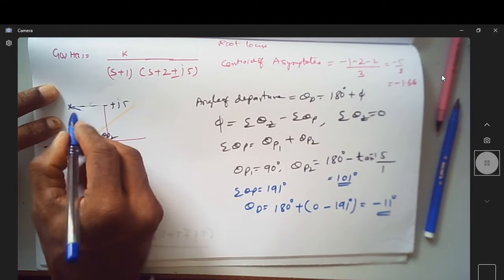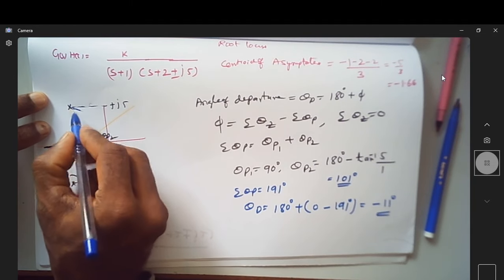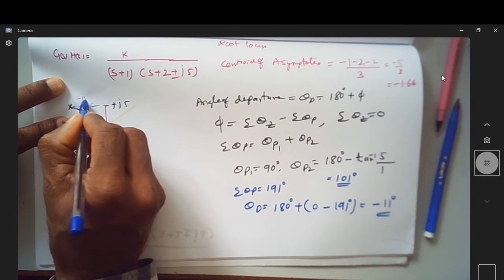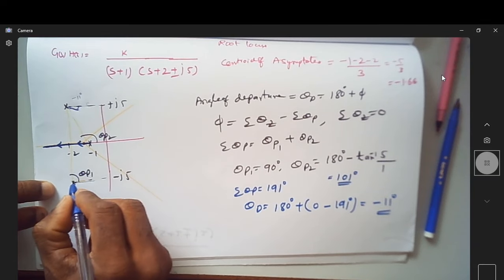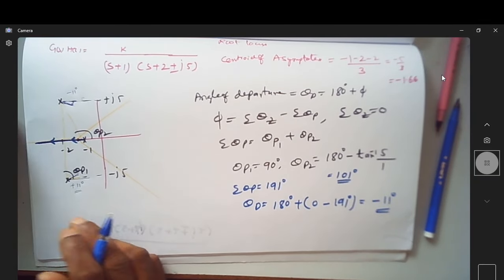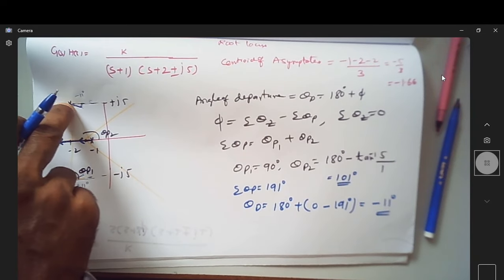Of course, minus 11 degree is in the clockwise direction. Corresponding to this one, this will be at plus 11 degrees. So plus 11 degree is the angle of departure of this. So we know at what angle it departs.